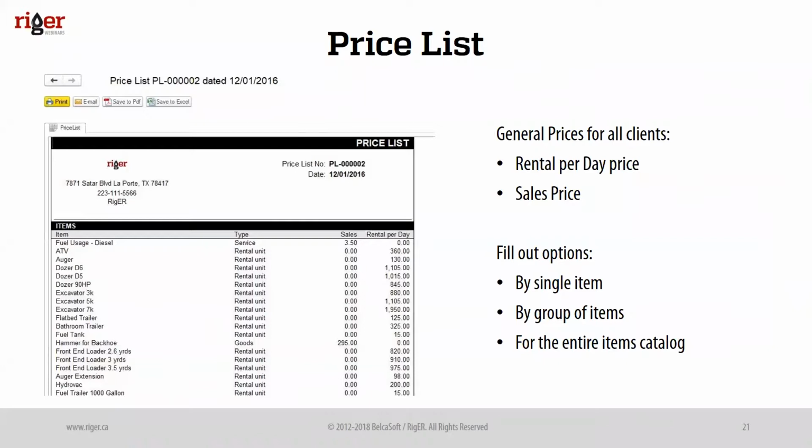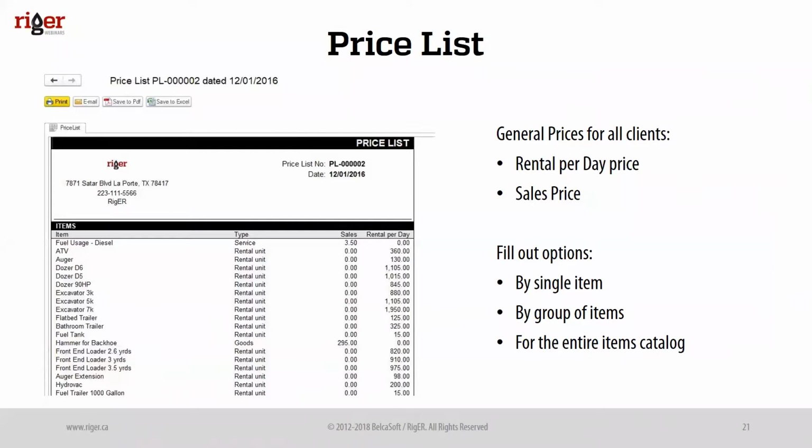So we have three options for how we can fill out the price list. The first one is to add a single item in the price list, selected from the whole list of your rental equipment, and just enter the price for this particular item. The second option is to fill out the price list by group of items.